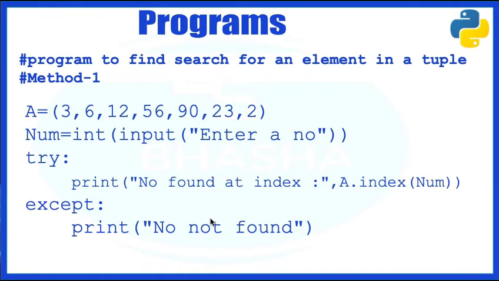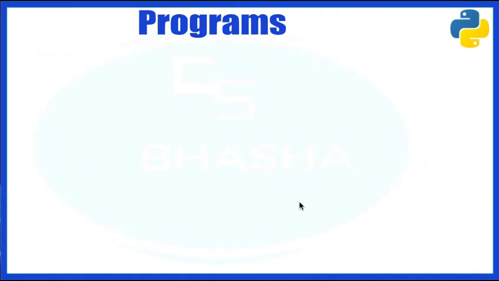You will be able to see the index function description over there. So what does an index function do? It basically returns the specific index number where a given number is found. In case a number is not there, it is going to raise an exception. So you can handle that exception and say the number is not found.